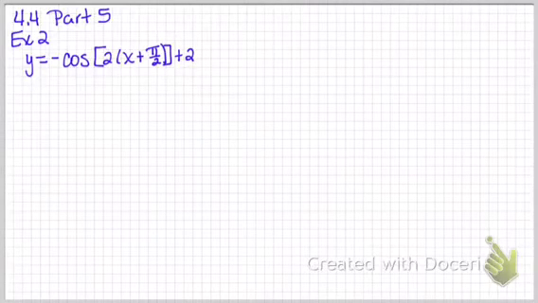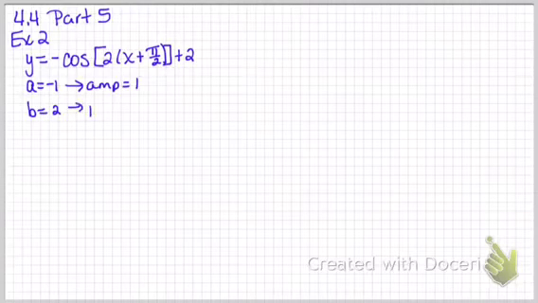So we need to go ahead and I'm going to identify my a, b, c, and d. So a is negative 1, which remember tells us our amplitude. It's positive 1 because of the absolute value of it. B is 2, which tells us our period, because our period is 2 pi over b, which in this case is 2, so our period is pi.